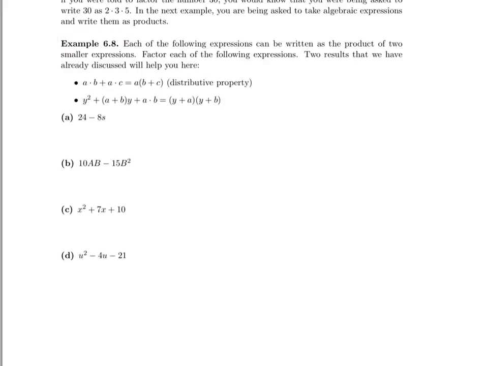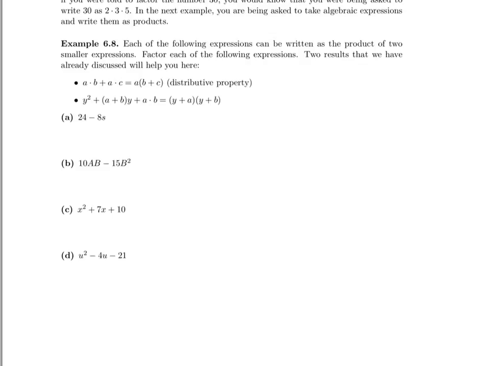Example 6.8. Each of the following expressions can be written as a product of 2 smaller expressions. Factor each of the following. 2 results that we have already discussed will help you here, so let's review them quickly. First of all, the distributive property. The distributive property says if you have a number times a sum, you can calculate the product in this way.